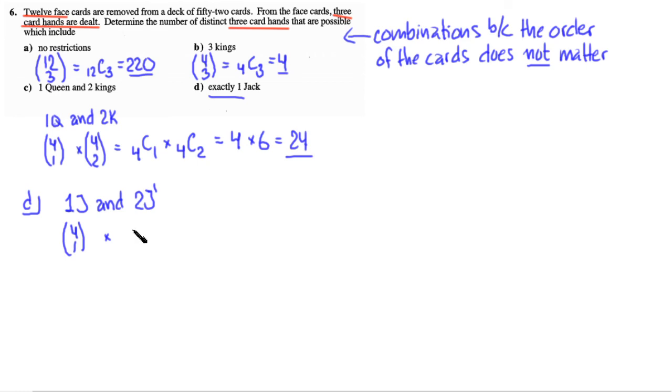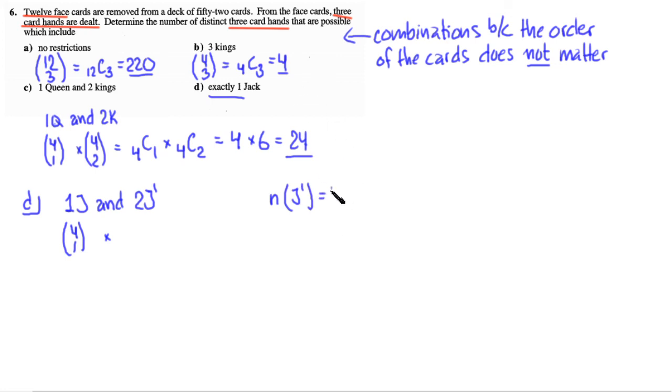Well, there's a total of 4 jacks among the 12 face cards. So the number, actually we can even be more appropriate here, use set notation here. So the number of cards among the face cards that are not jacks is going to be 8. And how do I get that?